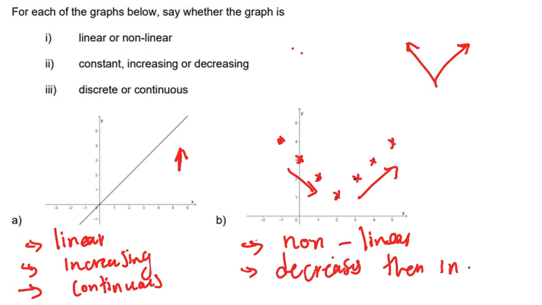Why do you say that? It's because you are reading your graph from left to right. It would be wrong if you say it increases then it decreases, because it decreases first from the left, and after that it goes up.